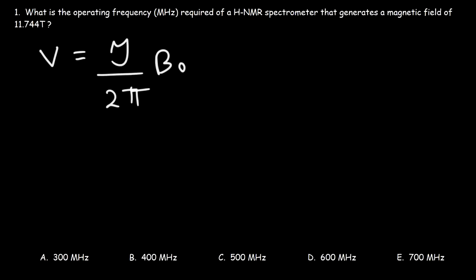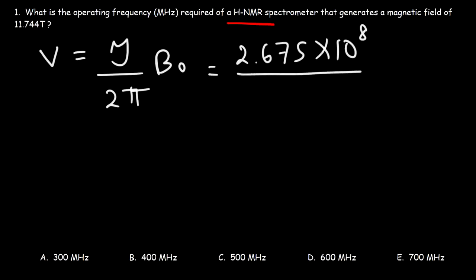Now, what is the gyromagnetic ratio in this case? Well, we can find the answer here. We're dealing with a proton NMR spectrometer. So for a hydrogen nucleus, it's going to be 2.675 times 10 to the 8. Now the strength of the applied magnetic field is given to us in Tesla. And so that's 11.744 Tesla.